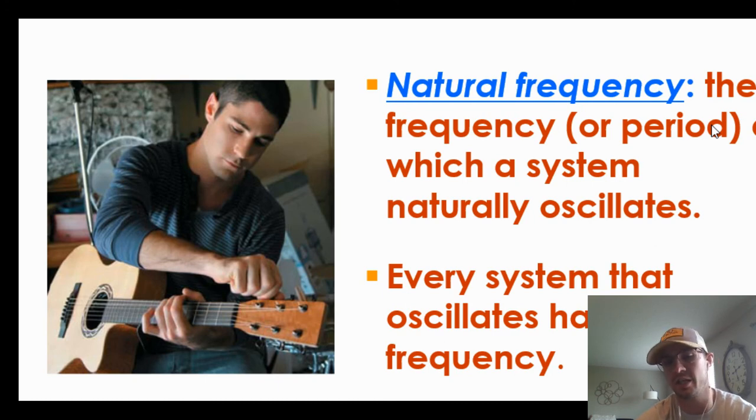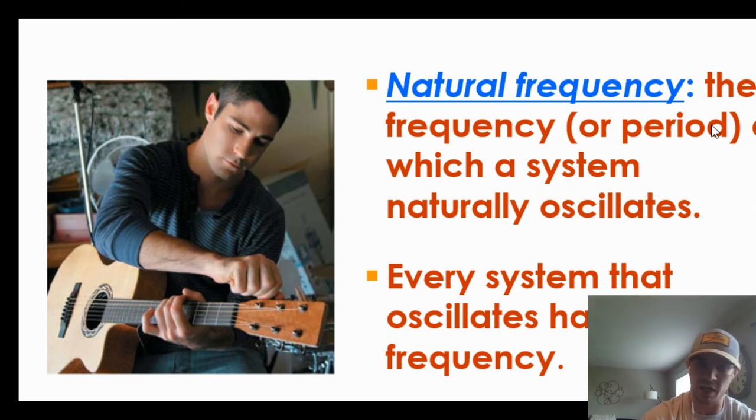And we can change that natural frequency. If you think about a guitar string, how do we change the natural frequency? Well, you see him there tightening or loosening that guitar string, and that changes the string length that he's using. You can also use your fingers, right, to change the length of that string, and that can change that frequency. It can change the note that you're actually playing. Okay?